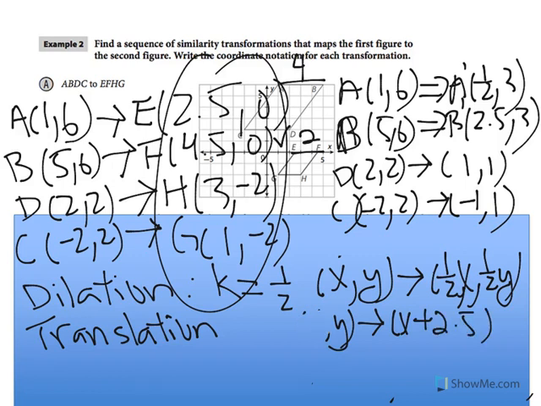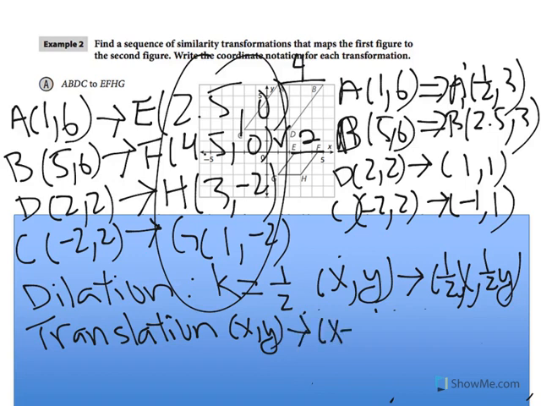I need more room for this, so let me clean this up. We have a point (x, y) that will go to (x plus 2.5, y minus 3). So these are our two transformations: a dilation of 1/2 and a translation of x plus 2.5 and y minus 3.